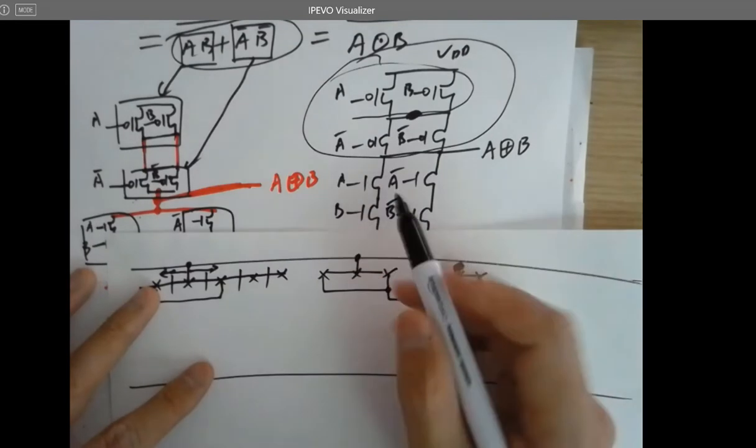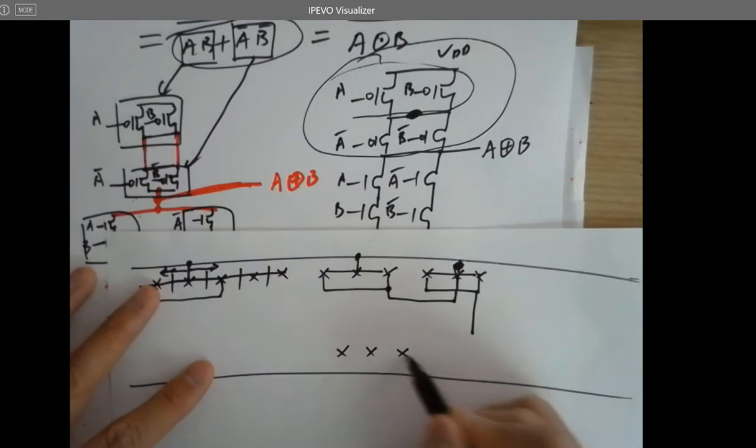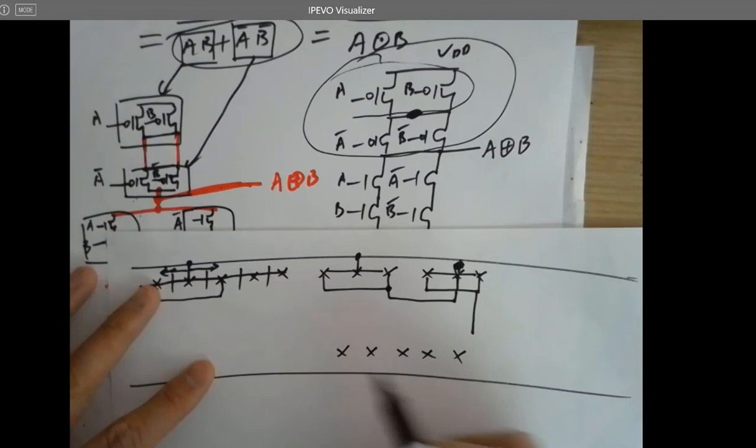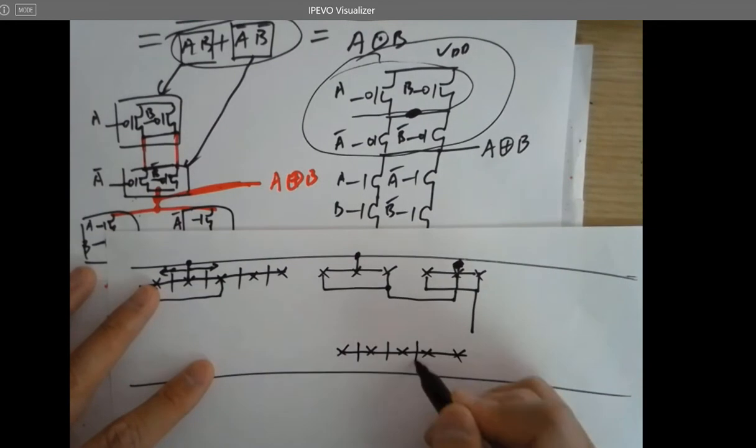And you have 4 Nmoses at the bottom. 1, 2, 3, 4. 1, 2, 3, 4.